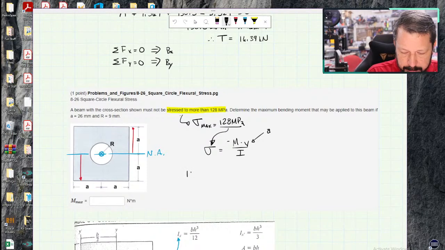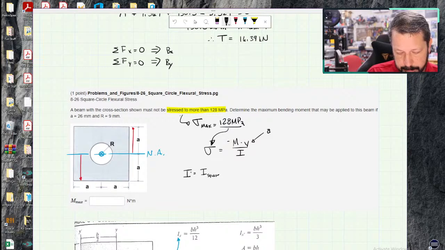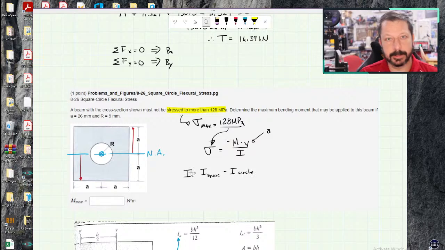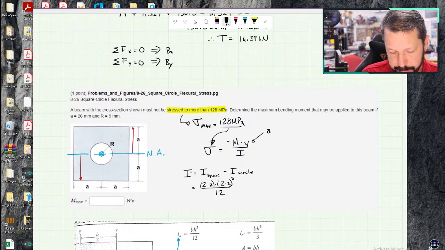So the moment of inertia for the whole shape equals the moment of inertia for the square minus the moment of inertia for the circle, since the circle is cut away from it. For the square, base is 2a, height is 2a, bh cubed over 12.